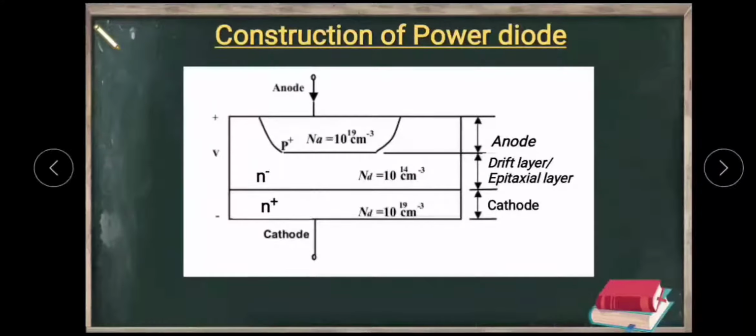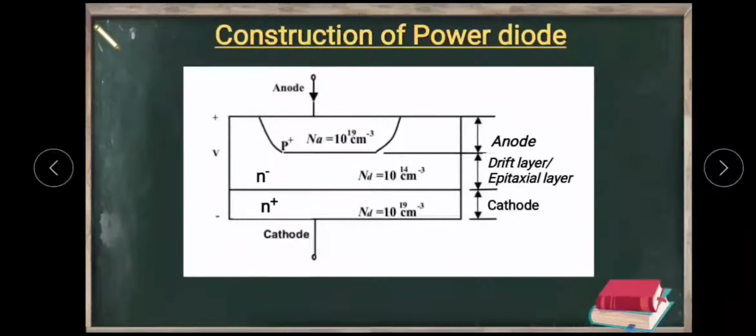The atom density of the P plus region is 10 to the power of 19 per cubic centimeter. Atom density of the N minus layer or epitaxial layer is 10 to the power of 14 per cubic centimeter. In the same way, atom density of the N plus layer is 10 to the power of 19 per cubic centimeter. This P plus region we call an acceptor type region.